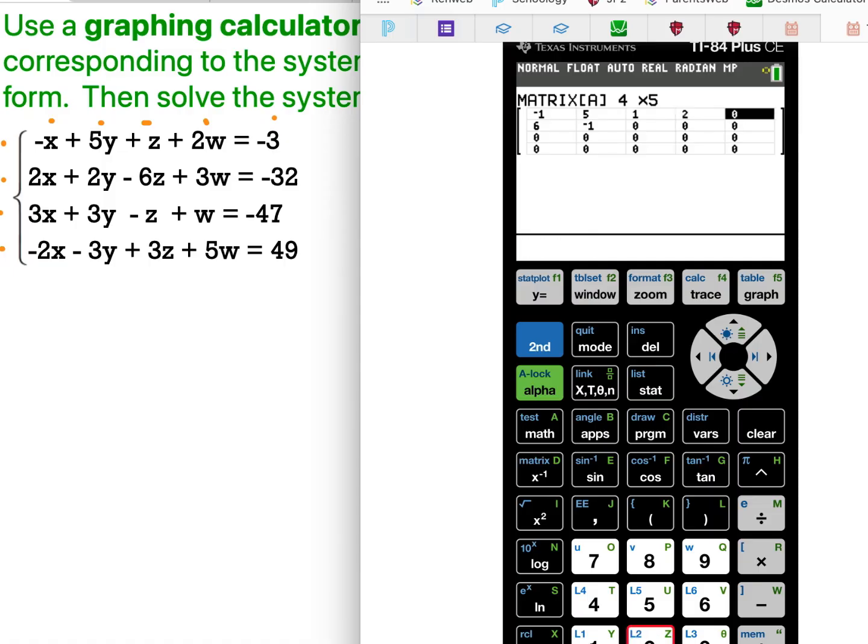This is annoying, but we know it's not nearly as annoying as all that work we just did on the last problem.